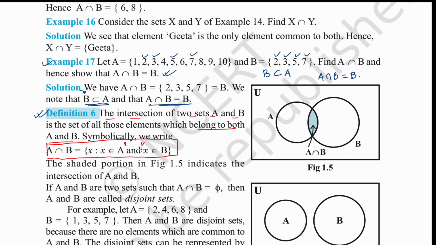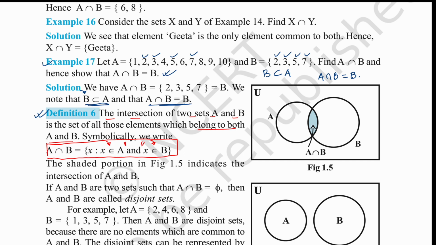So whenever and is the connecting word, the truth of the compound statement is established by the fact that both the statements should be true simultaneously. So this compound statement is going to be true when this is true as well as this is true at the same time, right? So just keep this in mind.